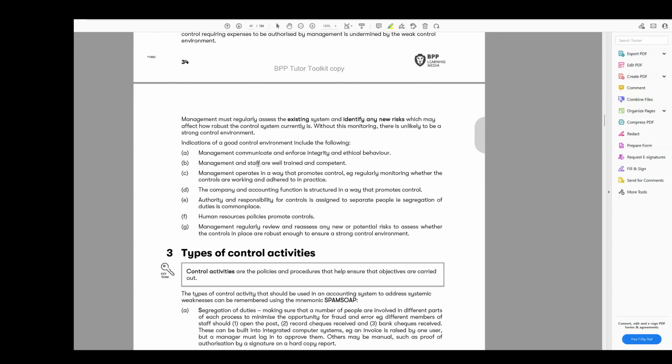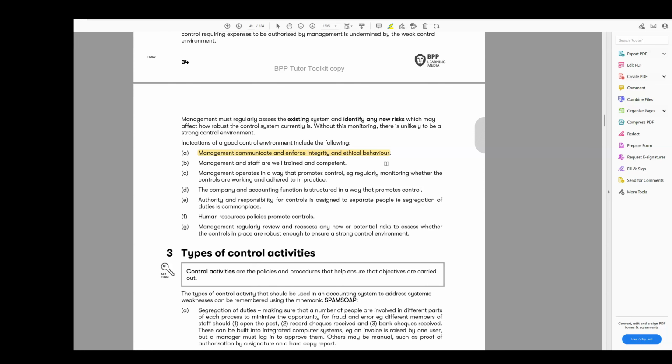Indications of a good control environment include the following. Management communicates and enforces integrity and ethical behavior. So we need to make sure there is ethical behavior. If the employees behave ethically, they are honest and not biased, then it is most likely there will be a proper internal control environment in the organization.